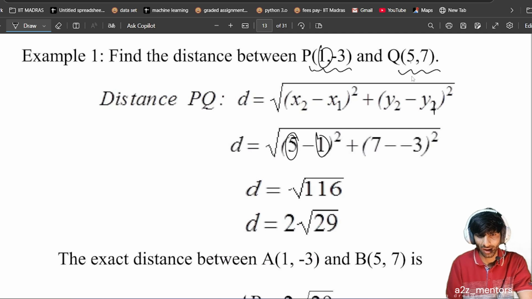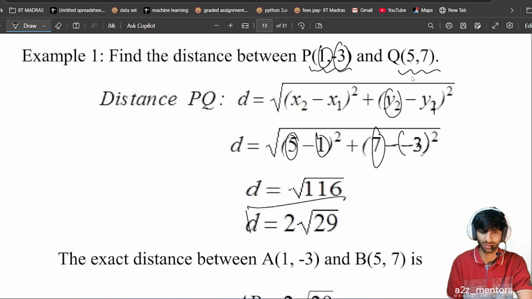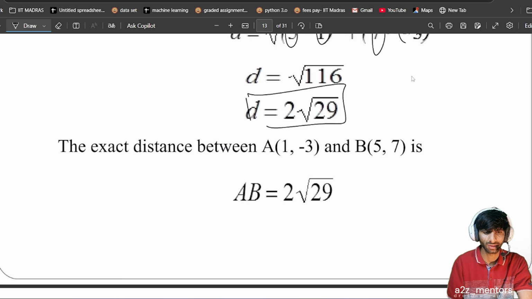What is y2? y2 is 7, minus y1, which is minus 3. You have to use this minus 3. Now minus and minus will be plus, so the distance will be equal to under root 116, or you can say 2 root 29. Okay, so this is the distance.